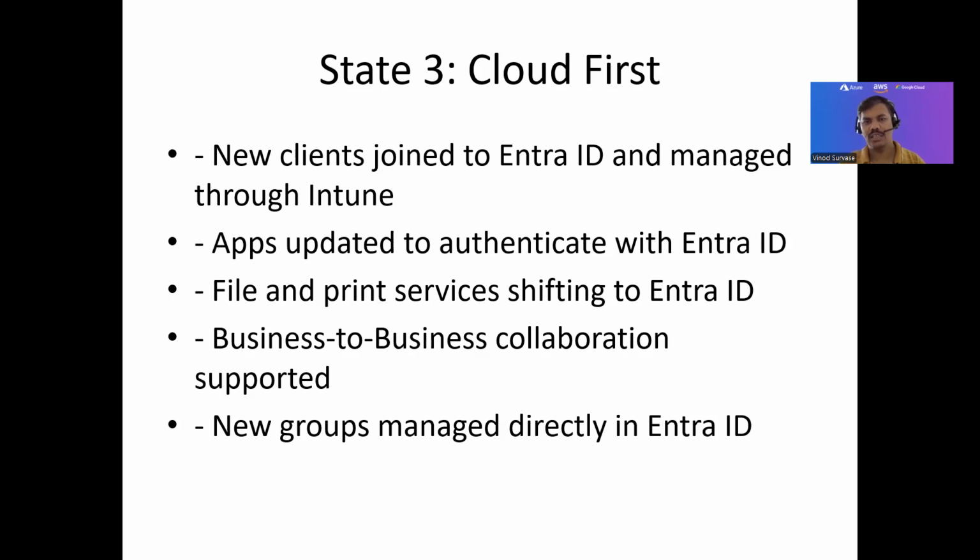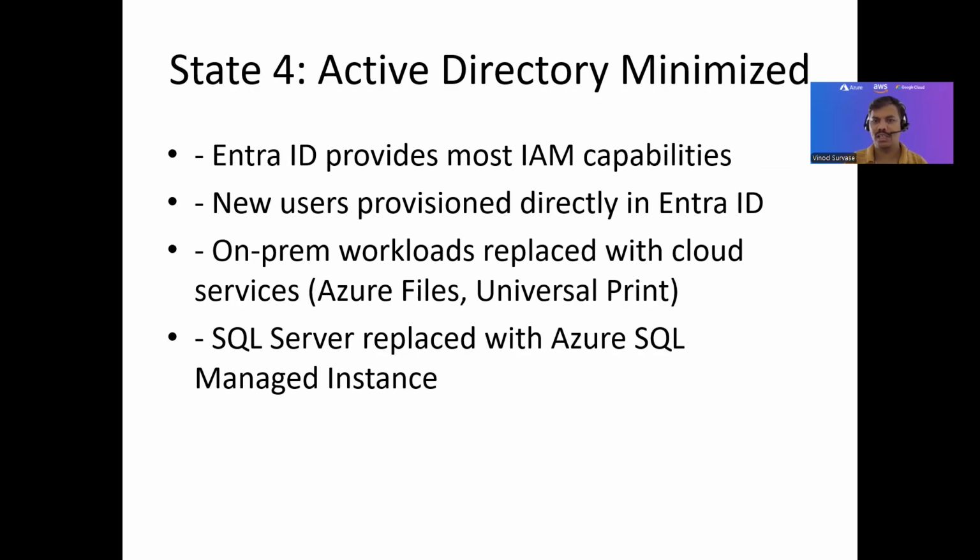So let's look at the next one, which is Active Directory minimized, right? Here Entra ID provides most of the IAM capabilities, including new user provisioning directly in Entra ID. On-premises workloads are replaced with cloud services like Azure Files or Universal Print, right? And SQL Server is replaced with Azure SQL Managed Instance, which is in the cloud as well.